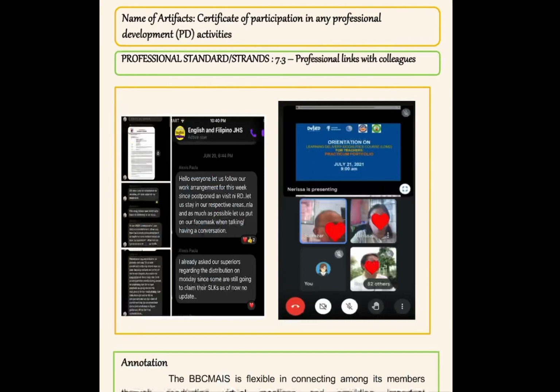Then don't forget the annotation. So in the annotation, I wrote here, the BBC MAS is flexible in connecting among its members through conducting virtual meetings and provide important announcements amidst this pandemic and learning situation that the school is facing. So, ganyan.